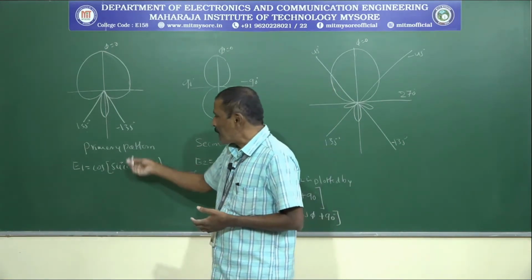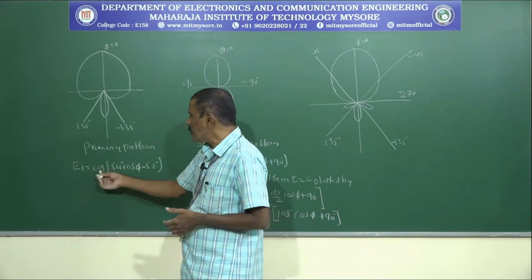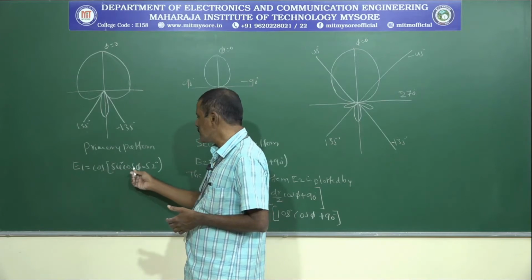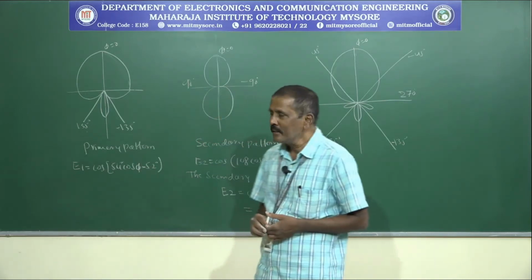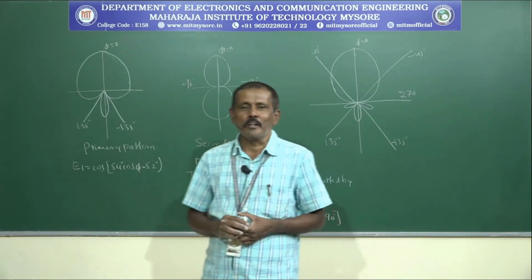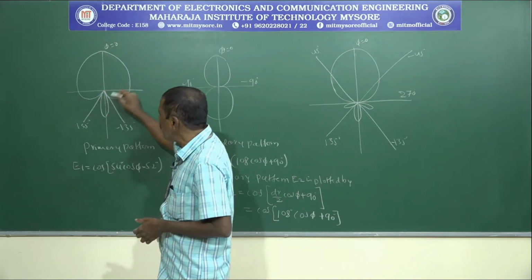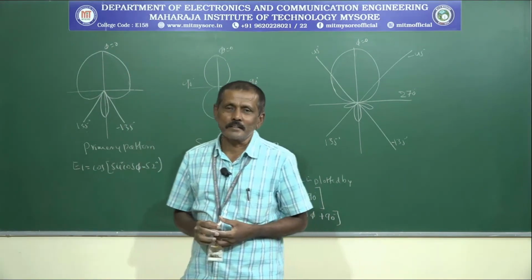The primary patterns can be obtained from the equation E1 equal to cos of 54 degrees cos of phi minus 52 degrees, where this phi value will keep changing for different values. So the primary radiation pattern will look like this.